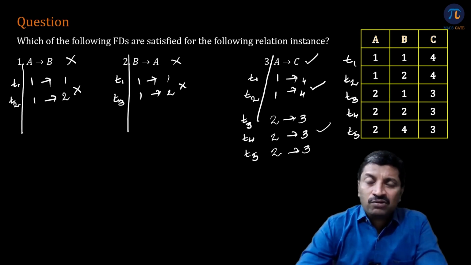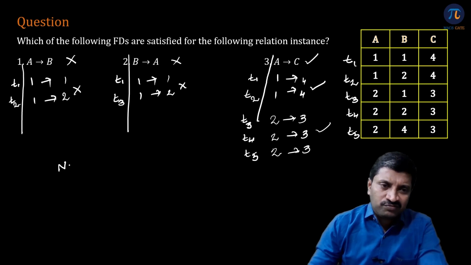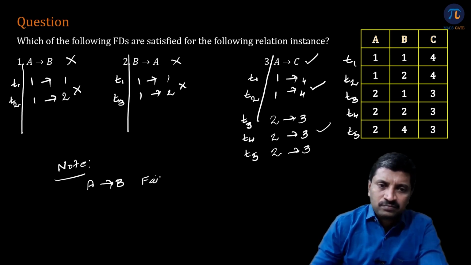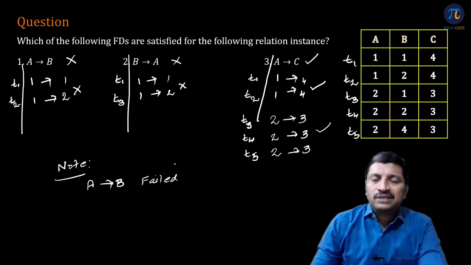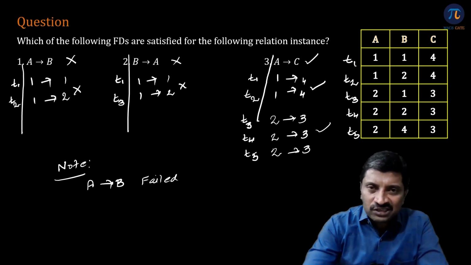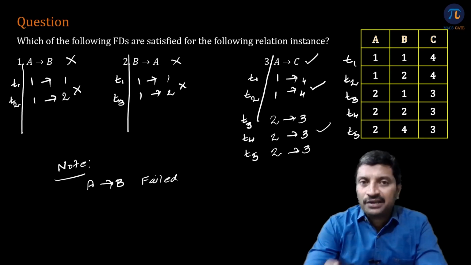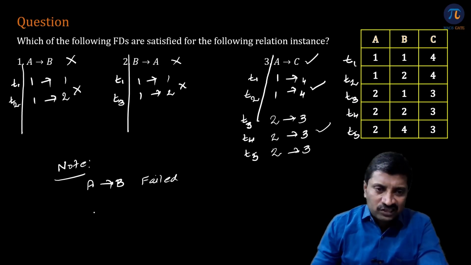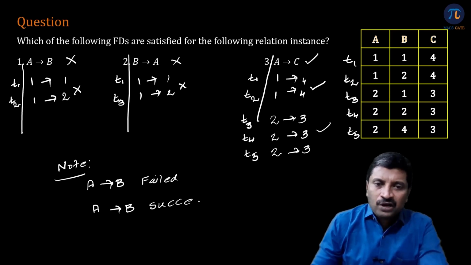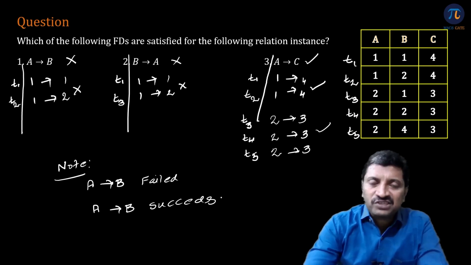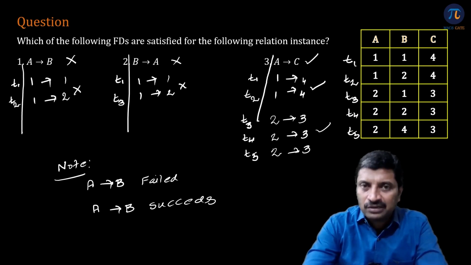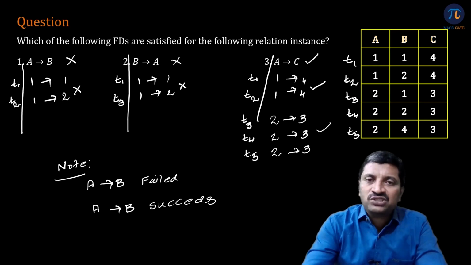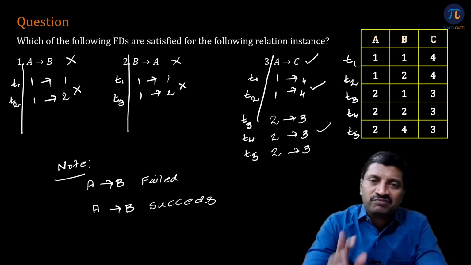Is it clear, sir? Now one important note, sir, this is a very important note. Whenever a functional dependency has failed or been violated, then I can conclude this functional dependency does not hold for the entire relation. But whenever it succeeds, we should not conclude that this functional dependency will hold for the entire relation, because in future if you add some more records, they may violate our functional dependency.